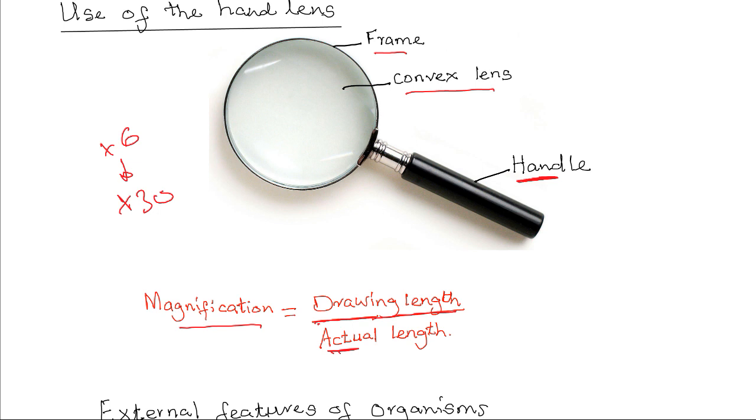So let's say I was observing an object, let's say a leaf, and then I drew the image of the leaf. So this is my drawing. To calculate the magnification of my drawing, I measure this length.